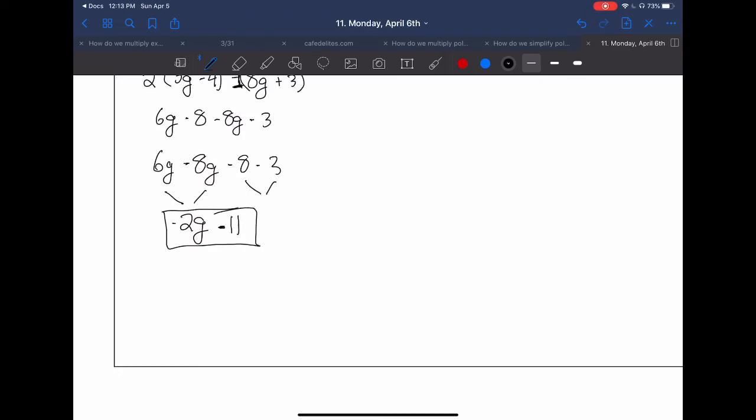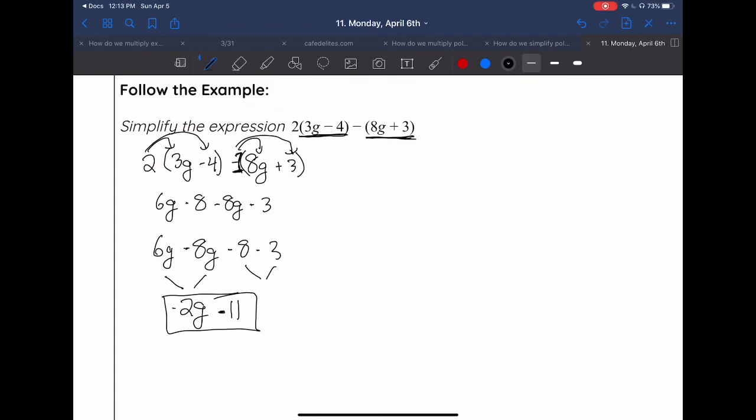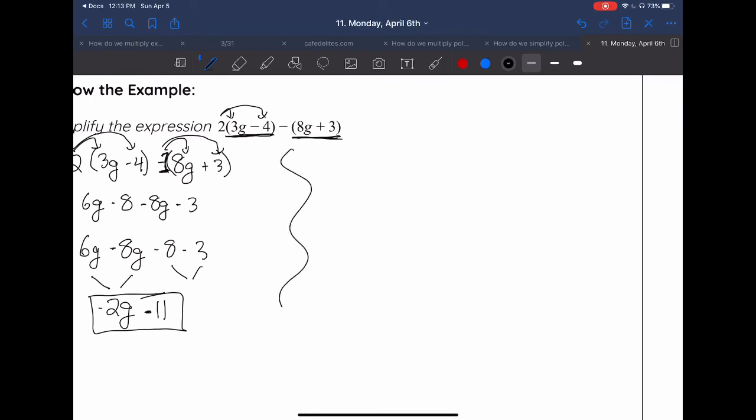However, if you are more comfortable with lining something up, there's another option. My first thing to do would still be to multiply this 2 out. So let's say I want to line up and subtract. Let's just start with this 3g minus 4. I still needed to distribute this, so 2 times 3g is 6g, and 2 times -4 is -8.